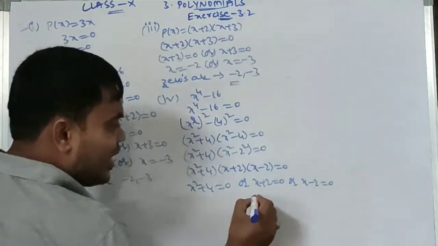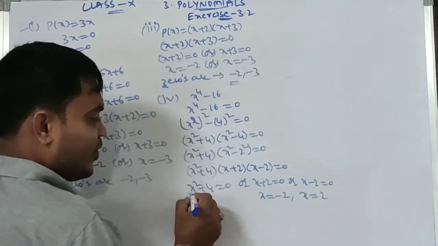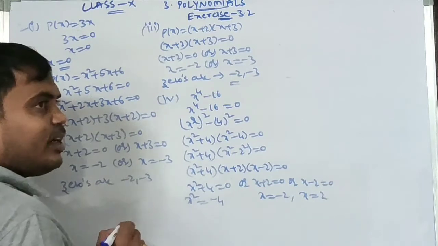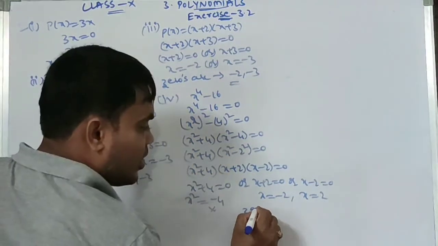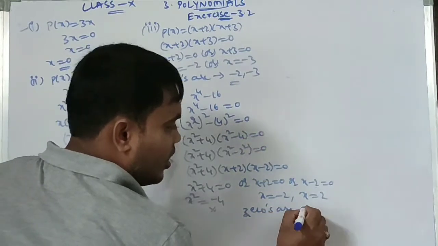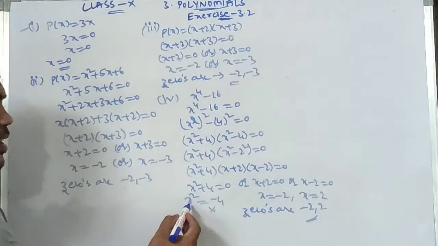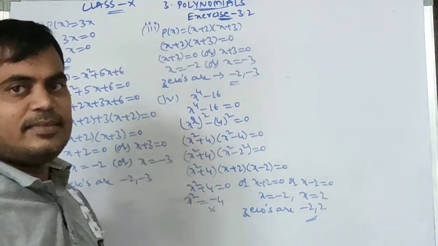So x equal to minus 2, x equal to plus 2, x square equal to minus 4. The square of a number is non-negative, so it is not possible. So the zeros are minus 2, plus 2. These are the only real zeros. x square equal to minus 4 is not possible for any real number x.